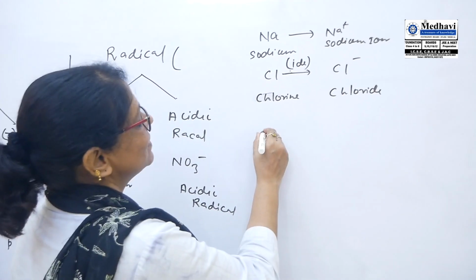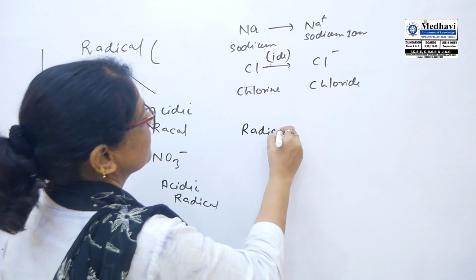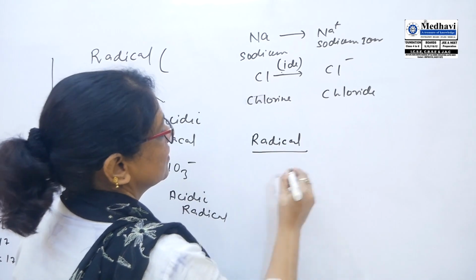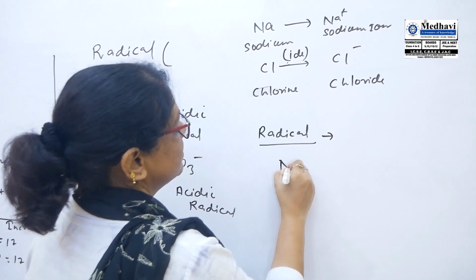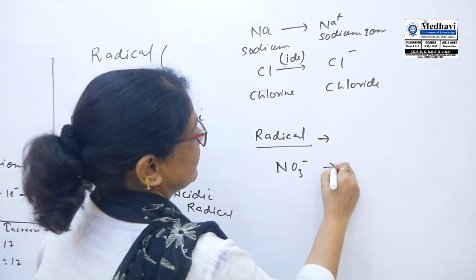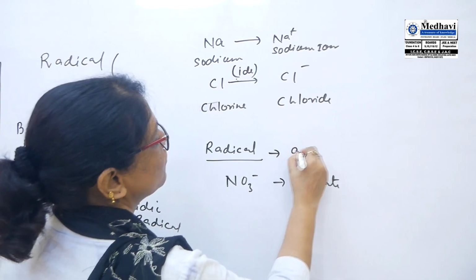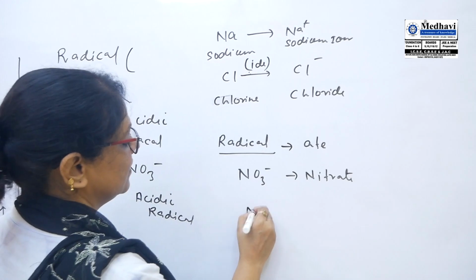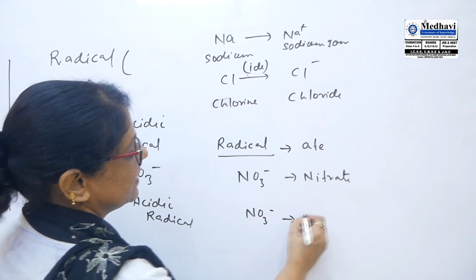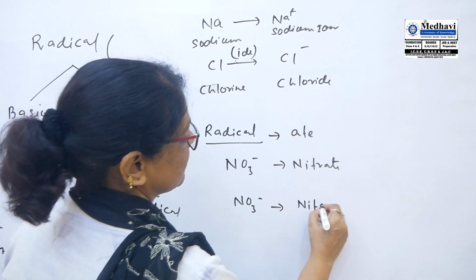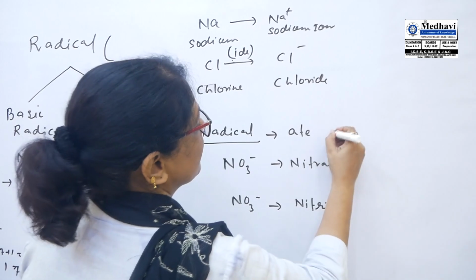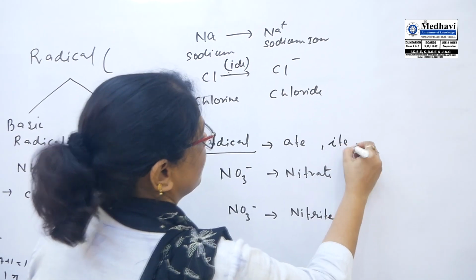So for radicals, this is nitrate, so we use the ending ATE. This is nitrite, so we say ITE.